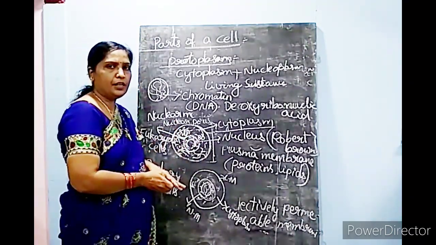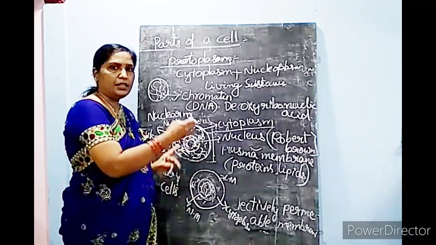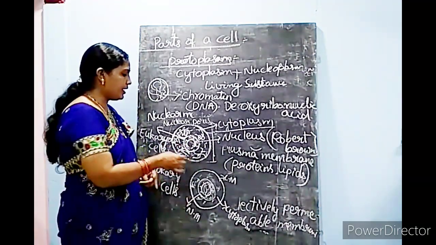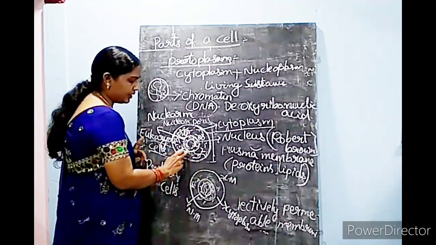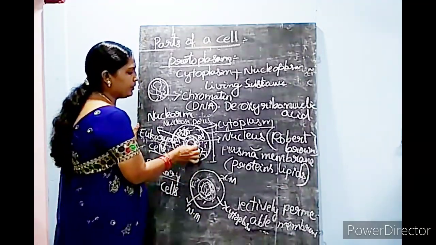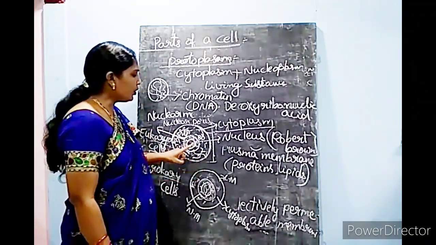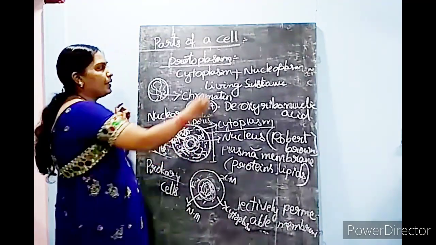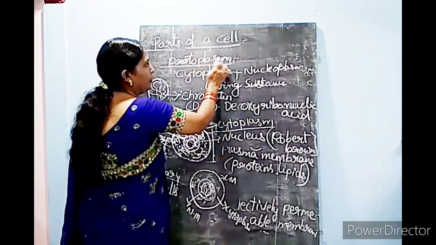And the last component is the nucleus. The nucleus is present in the center of the cell and is surrounded by a membrane known as the nuclear membrane. If the nuclear membrane is present, those are eukaryotic cells. If the nuclear membrane is absent, those are prokaryotic cells. Between the nucleus and the nuclear membrane, the other jelly-like substance is nucleoplasm. Nucleoplasm and cytoplasm together are known as protoplasm.